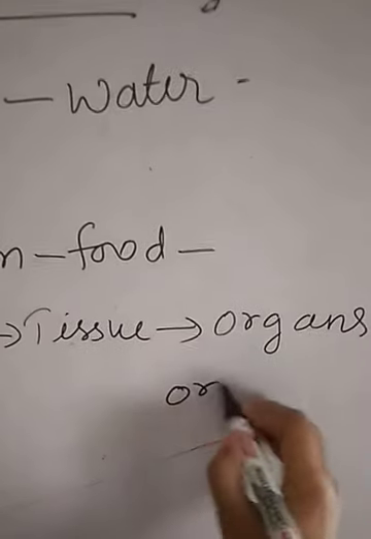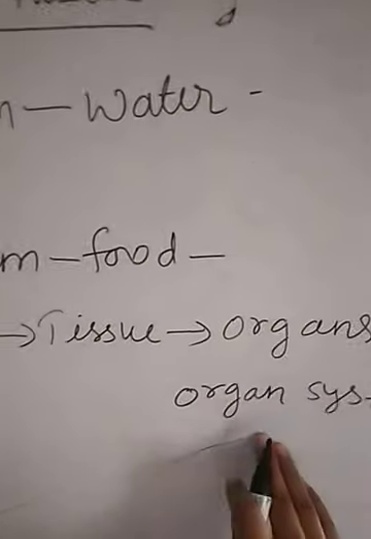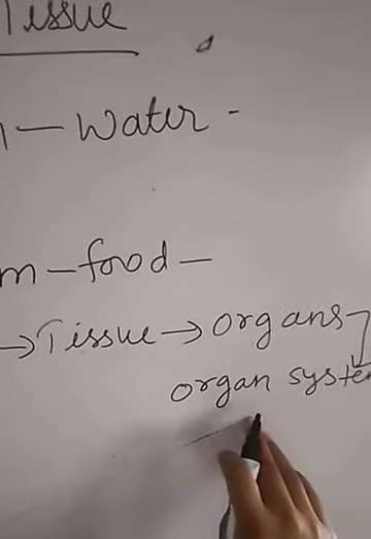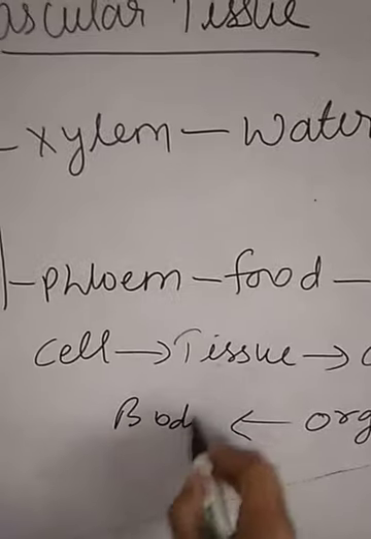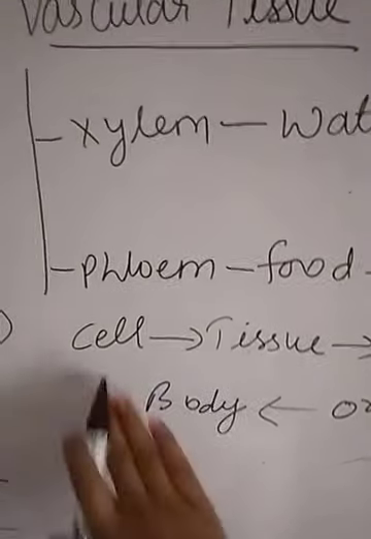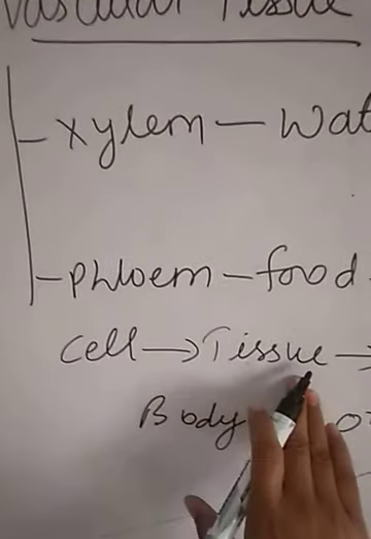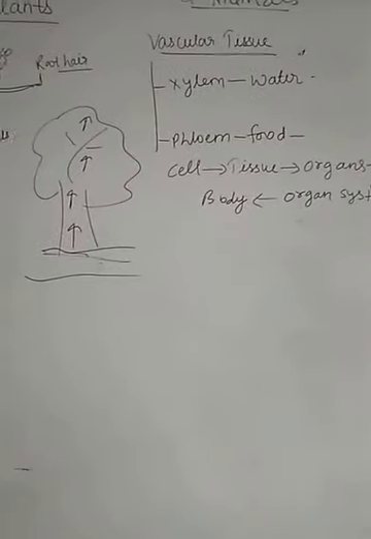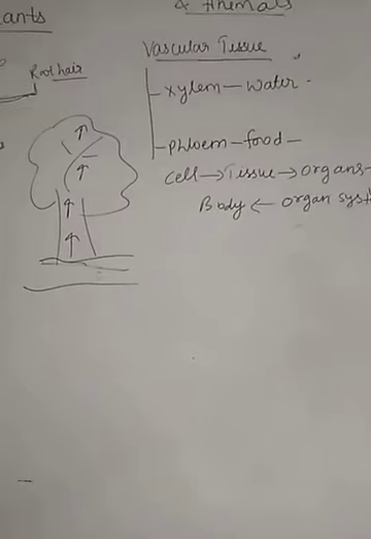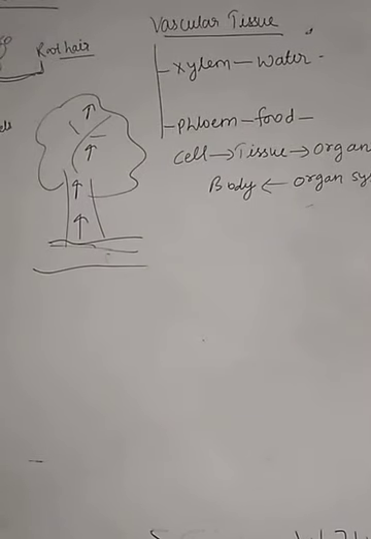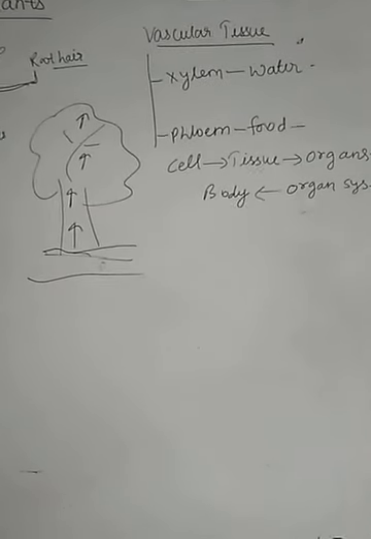Organs form organ systems. And in our body there are a large number of organ systems which perform different functions and make our whole body. About tissue you will study in your senior classes in brief, but here is only a short description for you: tissue is a group of cells which perform a specific function in the body.